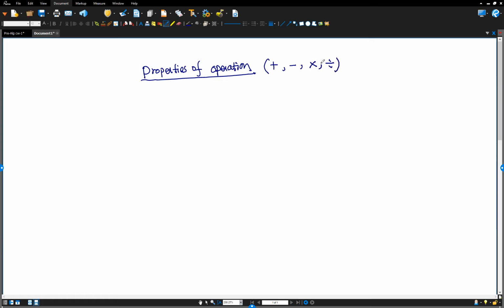We said property of operation, usually binary operation, between two numbers, okay? This is a binary operation. That's a property. The first one is the commutative property. Commutative.